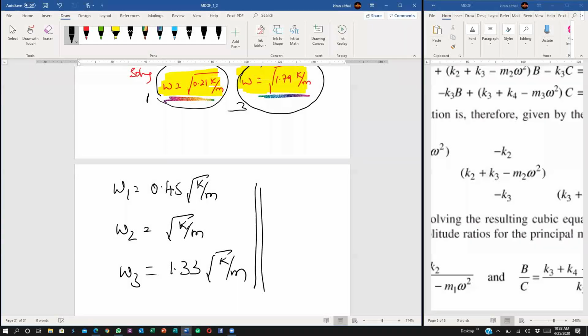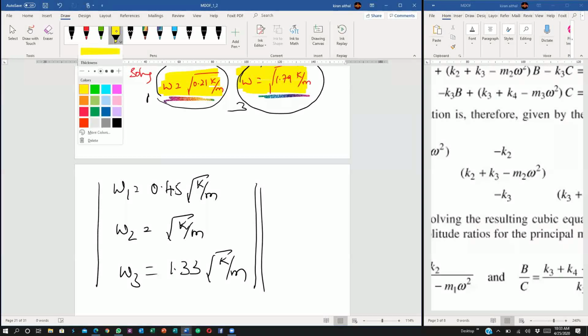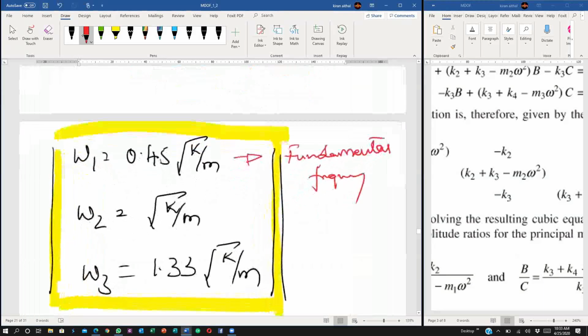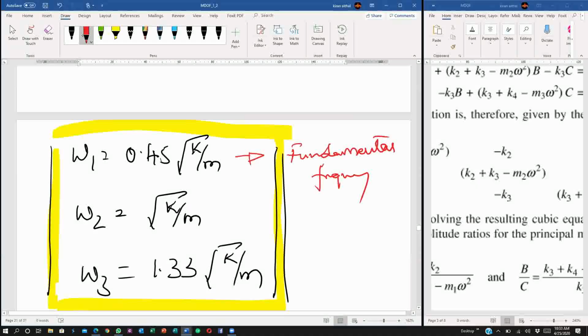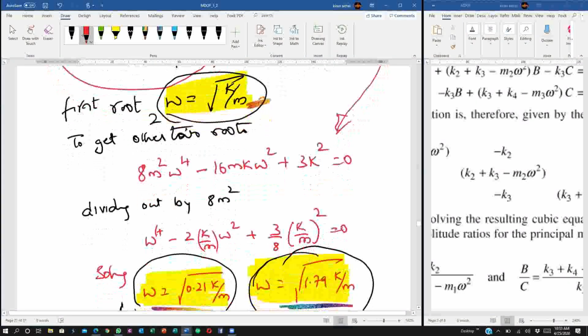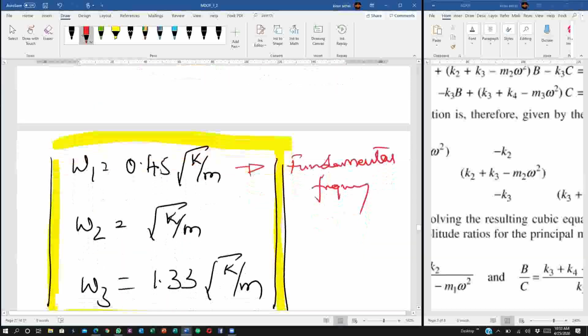These are the 3 roots I have got, and among these, this will be my fundamental frequency. For that reason, I never wrote omega 1, omega 2, and omega 3 previously, so now I have written it separately here.